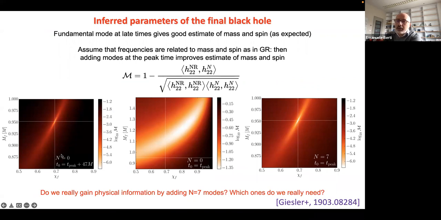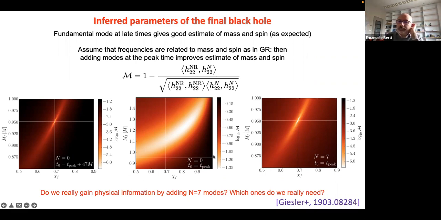So now you take only the first fundamental mode, and you fit 47M after the peak. You fit 47M after the peak, and with a single mode, you get the right value of the mass and the spin that you can measure from the numerical relativity simulations. But you're 47M after the peak.